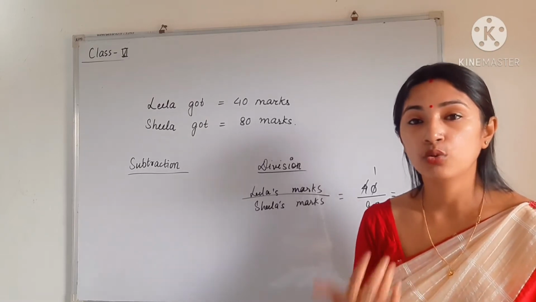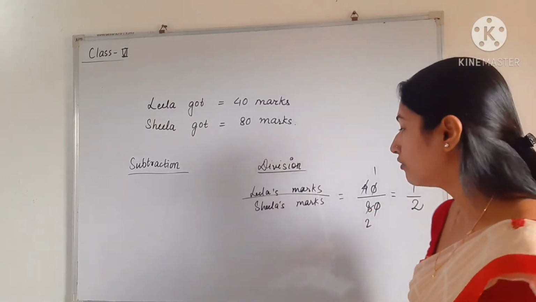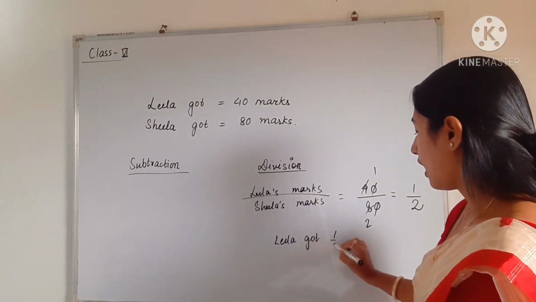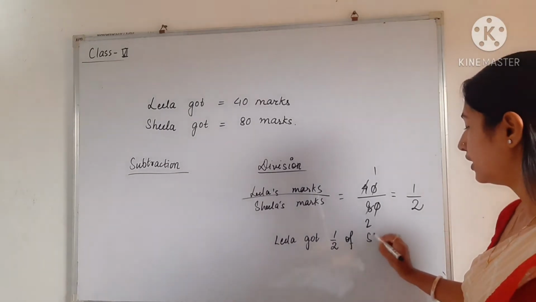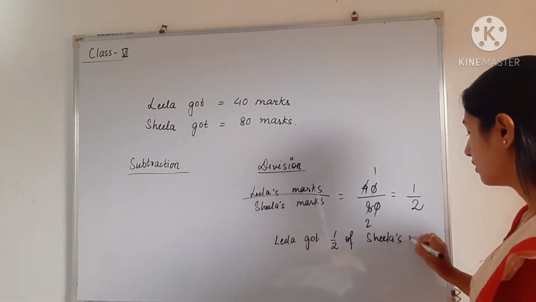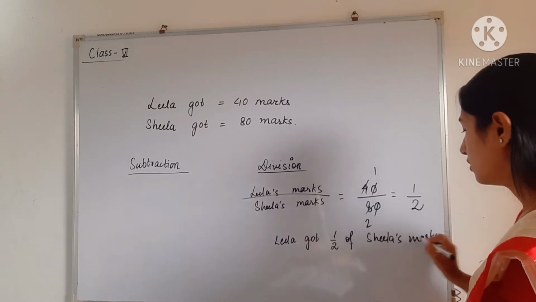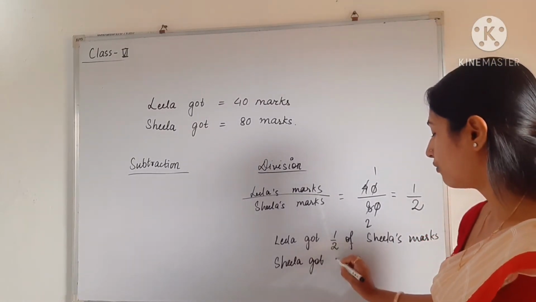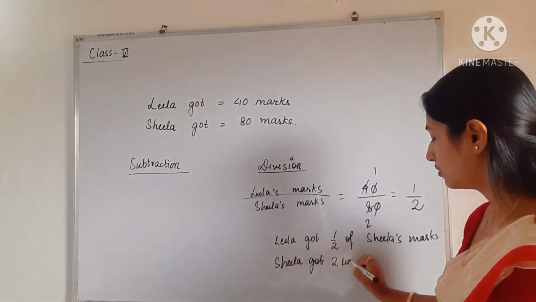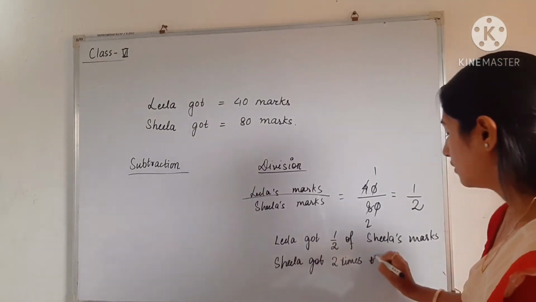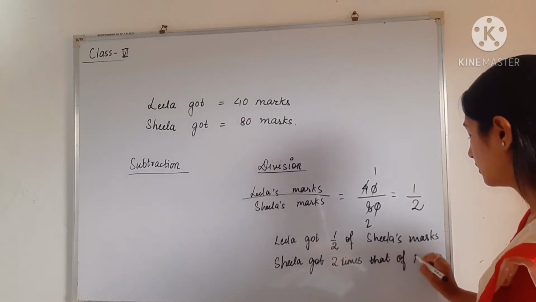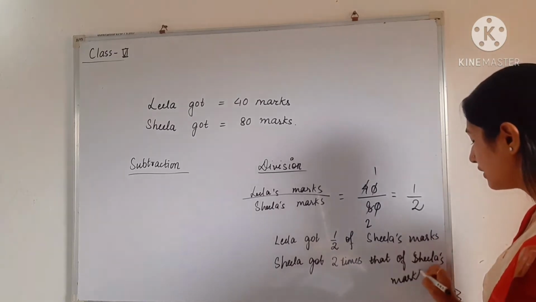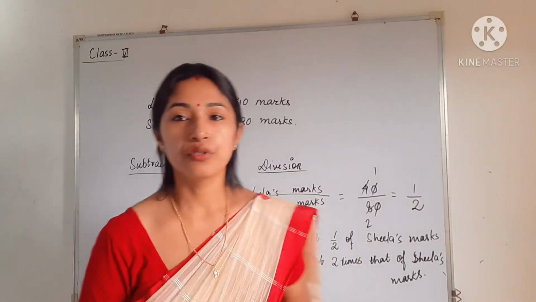So here we can write Leela got half of Sheila's marks, or we can write Sheila got twice, or two times, Leela's marks. So this is the way of comparing using division.